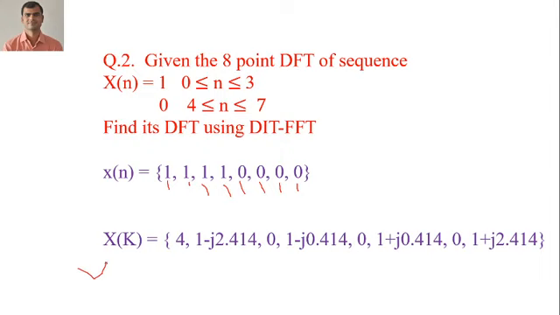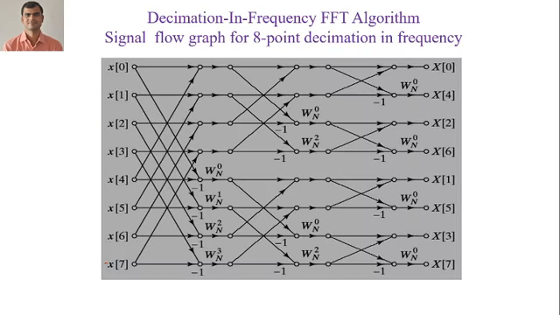After this we'll be seeing the DIF FFT algorithm for 8 point. I have told you earlier that DIF is the mirror image of DIT, or DIT is the mirror image of DIF. This is the flow for the 8 point DIF FFT algorithm. Here the input sequence is in natural order and the output sequence is in bit reversal order.